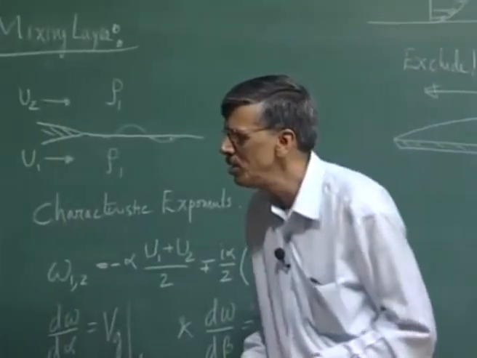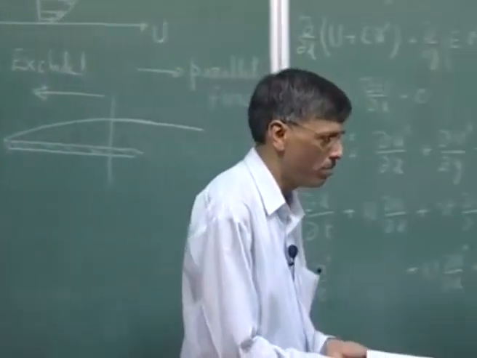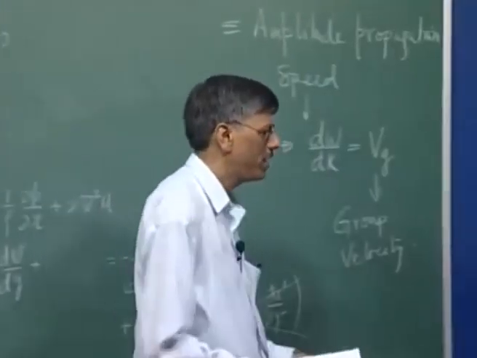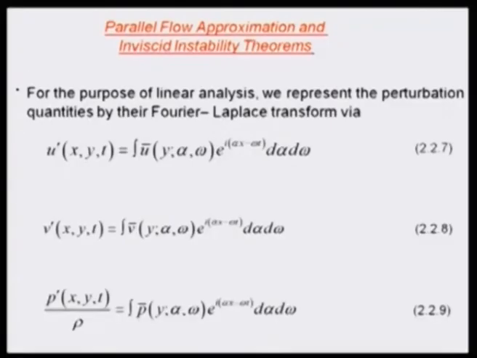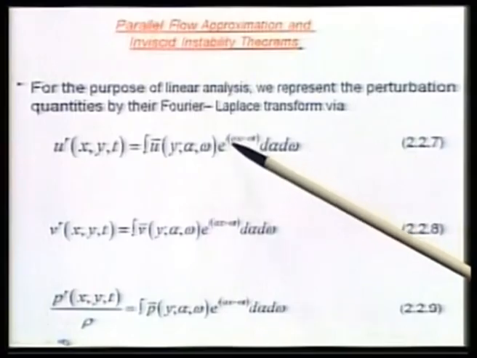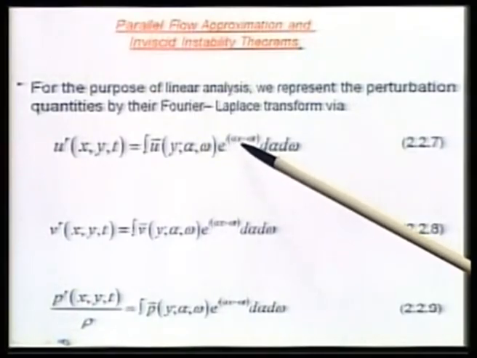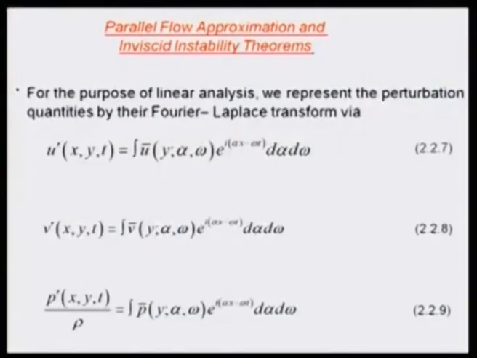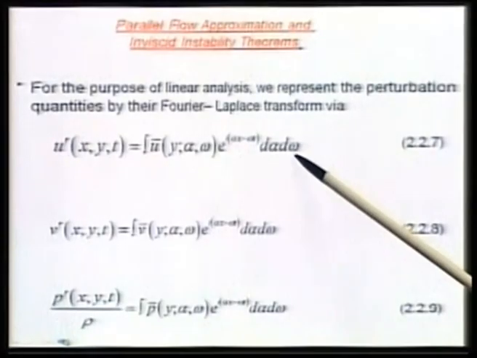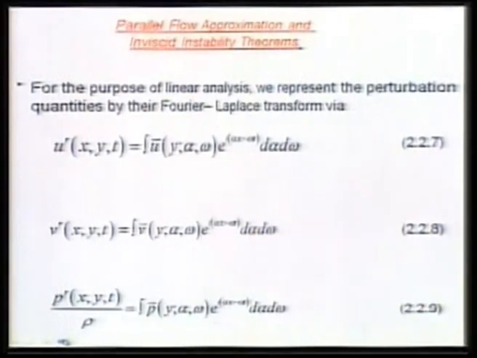For example, u prime, I will write as a Fourier Laplace amplitude that we have indicated by u bar, and then the phase part e to the power i(alpha x minus omega t), and they have to be integrated over all possible alpha and omega. So, it is basically a double integral.